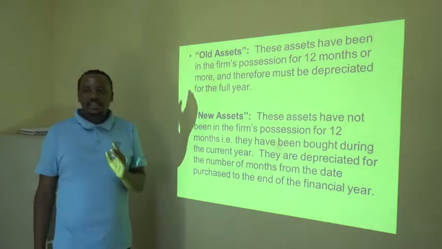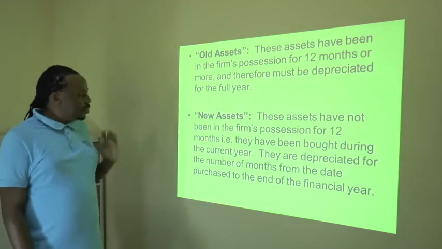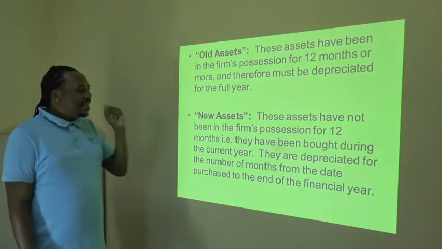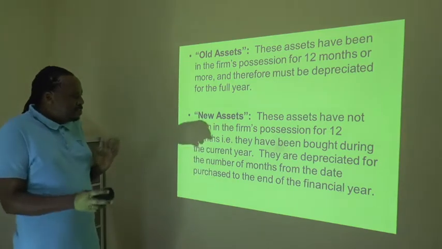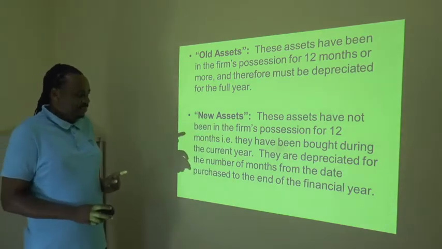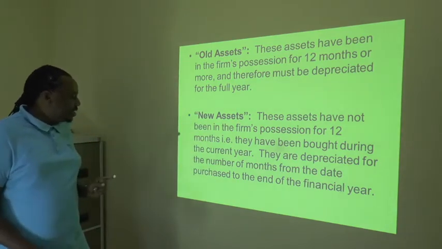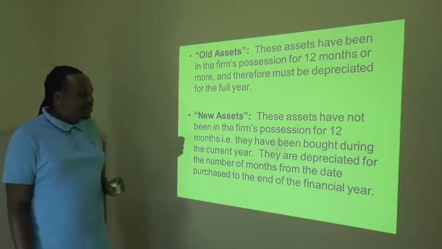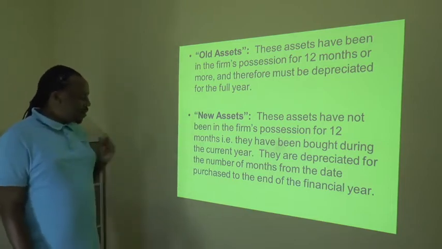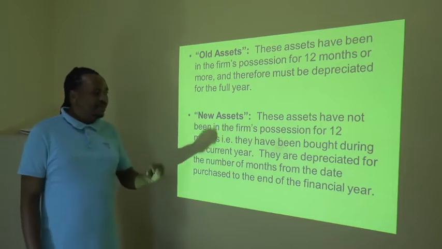So if we are talking about an asset that has been bought during the current year, it is depreciated for the number of months from the date of purchase to the end of the financial year.